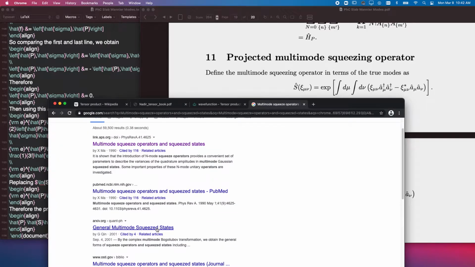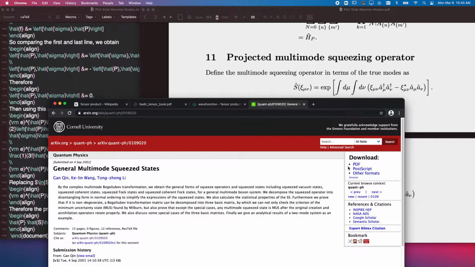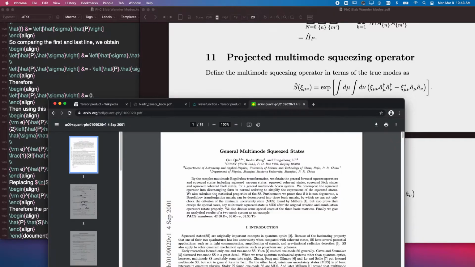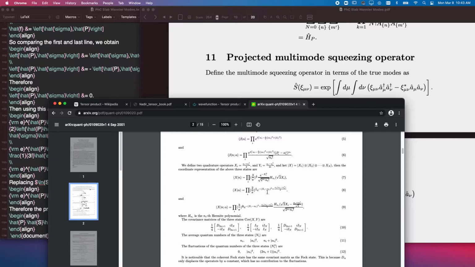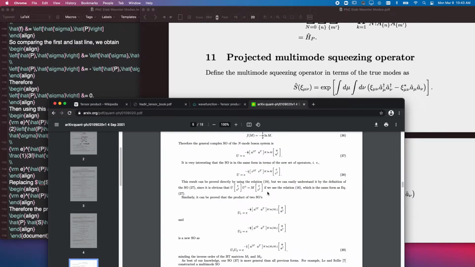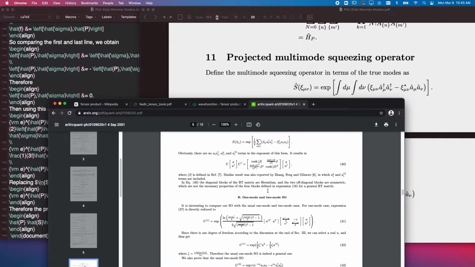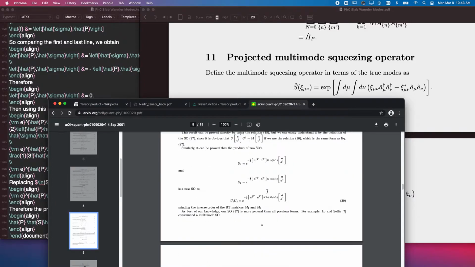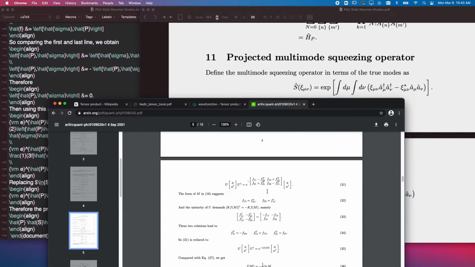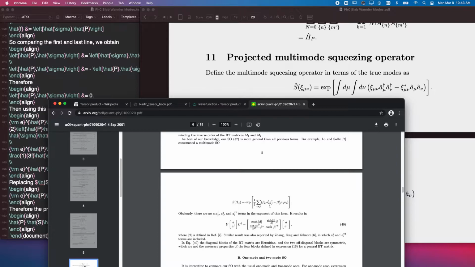Do they have an archive? Whatever, I'll try this one. General multi-mode squeezed states, okay. Yeah, something like this.